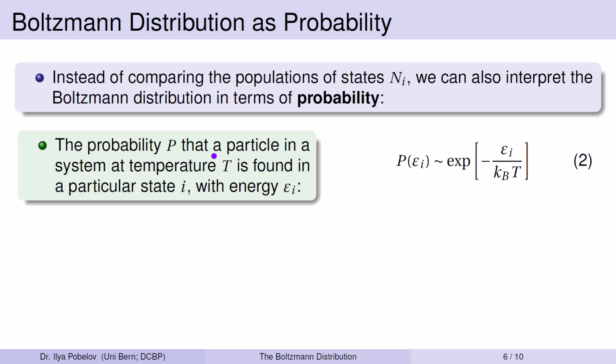The probability that a particle in a system at temperature T is found in a particular state i with energy epsilon_i is proportional to the exponential of minus epsilon_i divided by k_B times T.